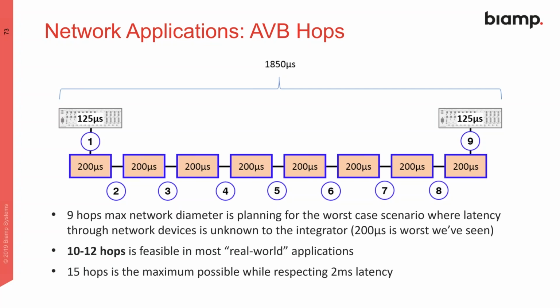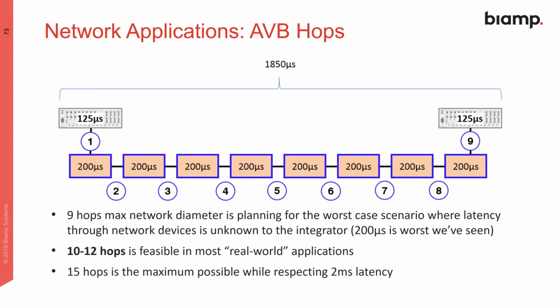So then we sum them all up: we've got 125 at the server, through a series of 200s, and out again 125 on the receive side for playout. Our total worst case scenario is 1850, that's under the 2 millisecond latency, and we can synchronize our playout across all endpoints. So we're happy across 9 no matter what.